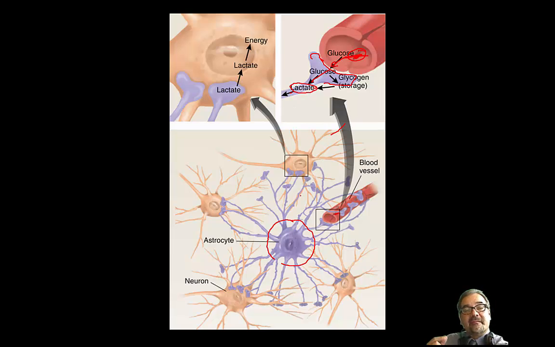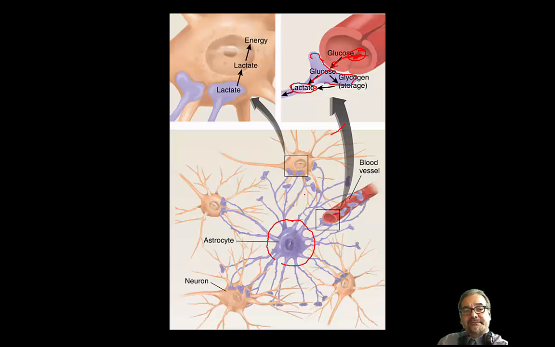So one of the main functions of astrocytes is that they are part of what we call the blood-brain barrier. These tight junctions and astrocytes compose the blood-brain barrier. That's number one.